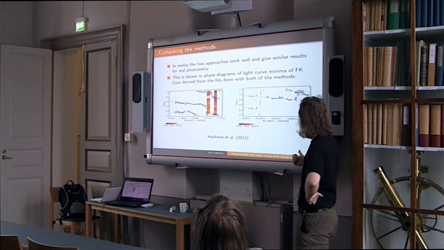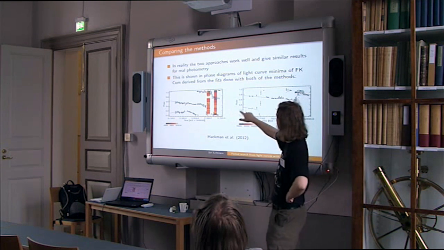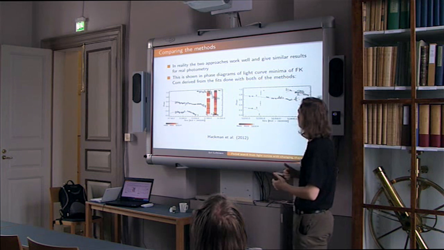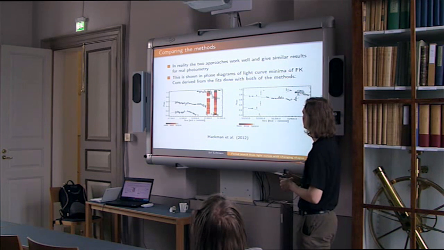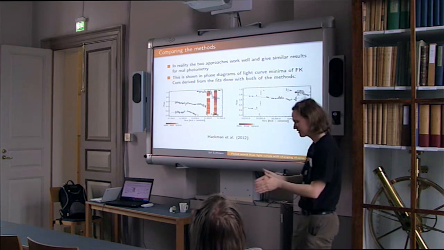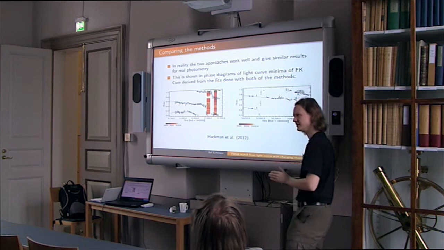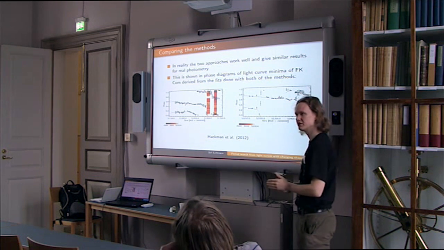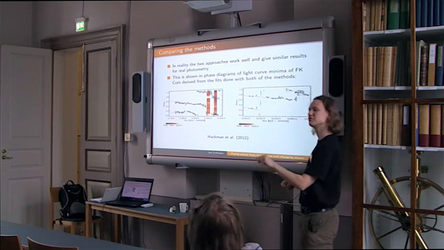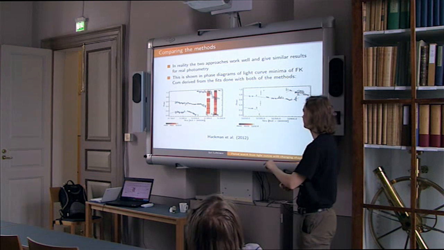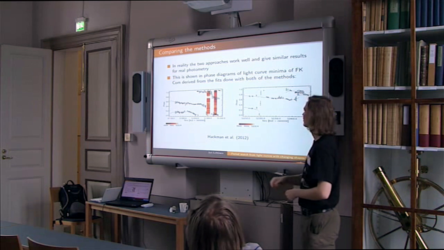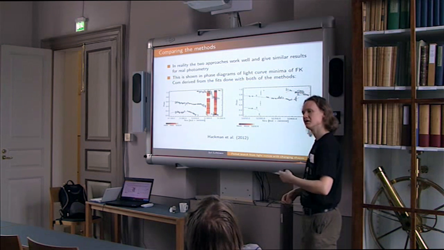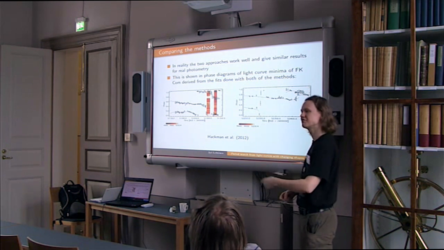And here you can see in these phase diagrams we have plotted, we have extracted the minimum times of the light curves from those two different model fit types, and then calculated the rotational phases.